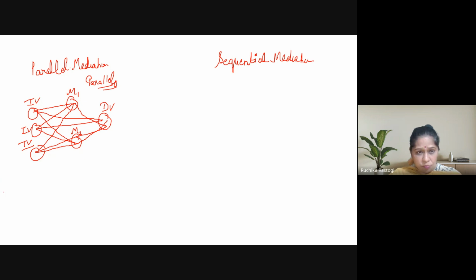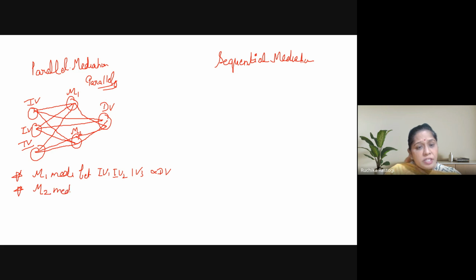So what will be the three hypotheses in this case? M1 mediates between IV1, IV2, IV3 and the dependent variable. What is my second hypothesis?